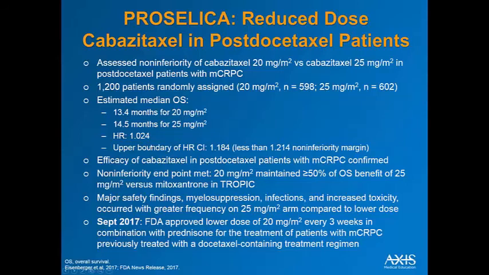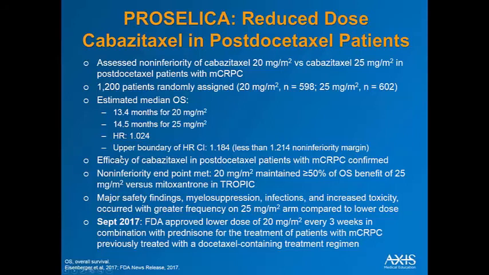Hazard ratio was 1.02. Now, this really means in the trial design that there was a non-inferior outcome, as statistical speak, but a non-inferior outcome for the lower dose of the cabazitaxel.